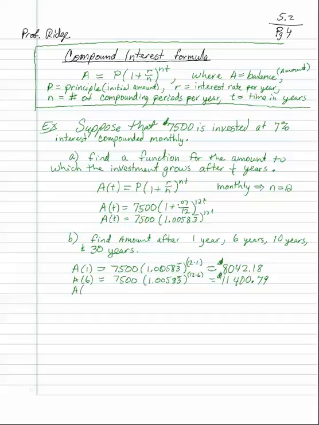Let's try A of 10. So 7,500 times 1.00583333 to the 12 times 10, which is 120. I'm just going to write 120.